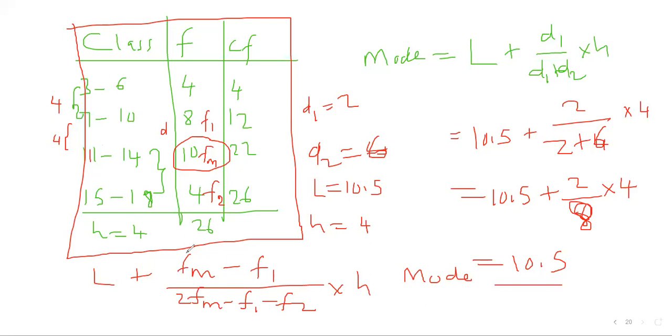Our FM is 10, so here we put 10. F1 is 8, so minus F1, which is 8, minus F2, which is 4. And the height, we put our 4. You get 10.5. If you multiply all this, you get the same answer. This is the formula that we use.